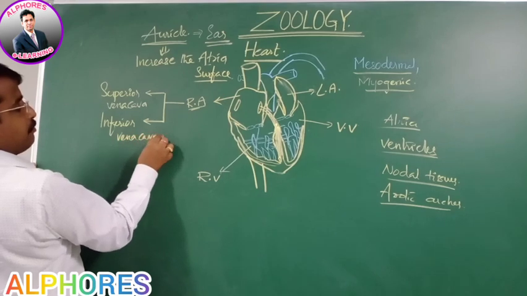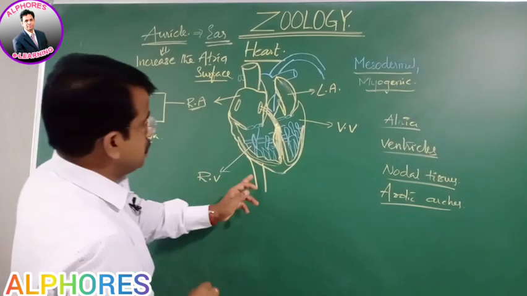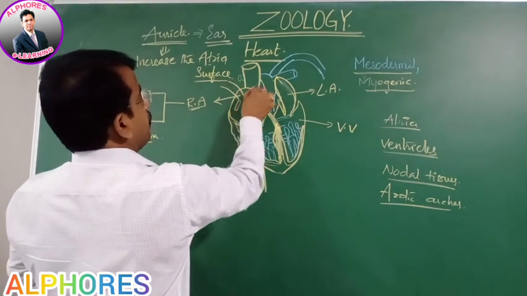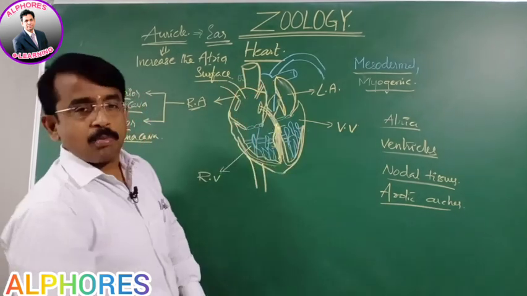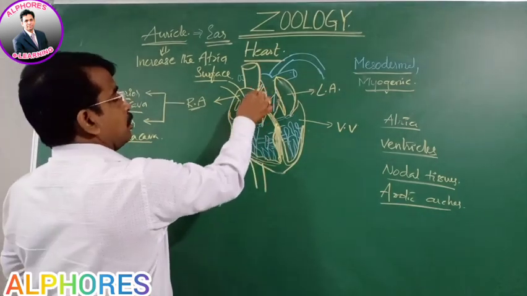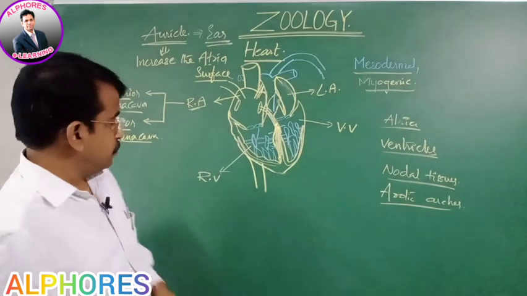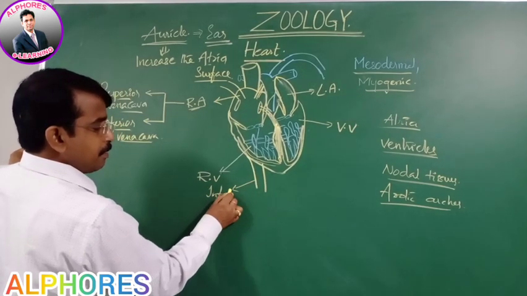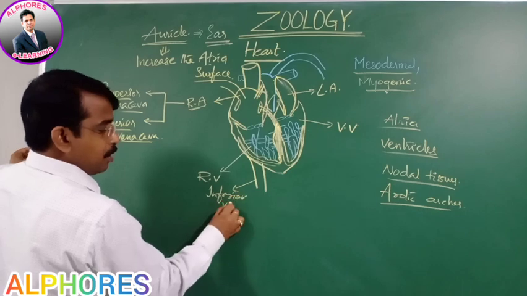Look here, this is the inferior vena cava. In the same manner, we find the superior vena cava opening into the right atrium. This is the posterior or inferior vena cava.